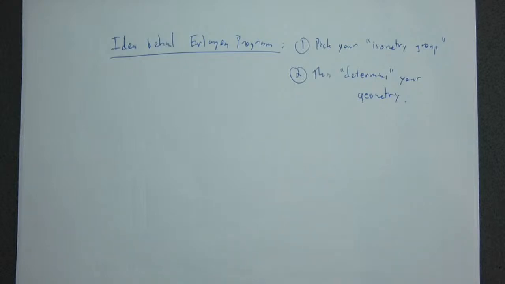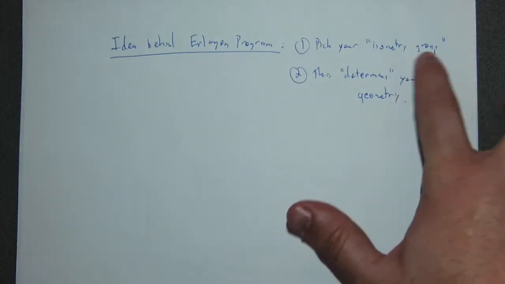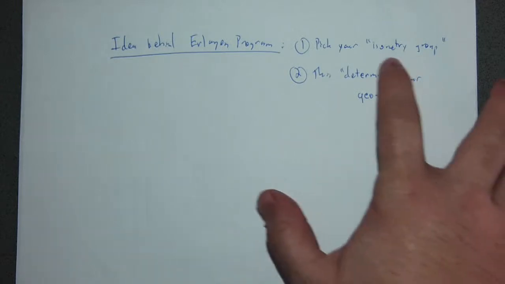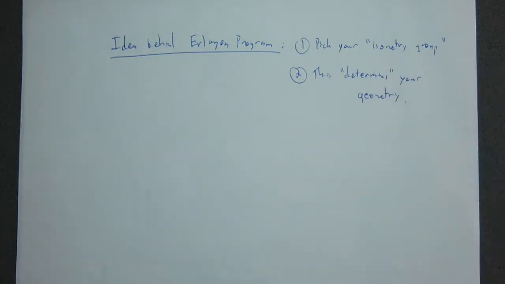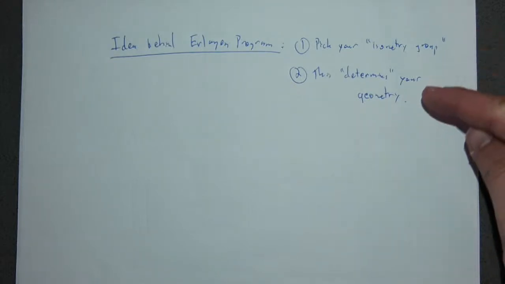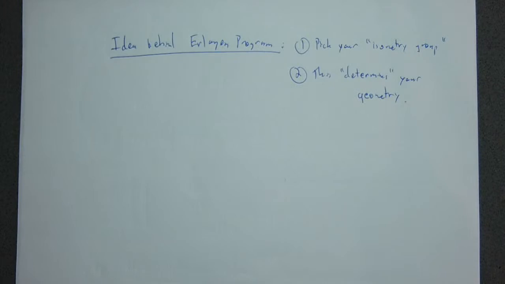So if you want to study Euclidean geometry in this way, the isometry group you pick would be the group of Euclidean isometries. We're going to talk about that specifically. But if you pick a different group of transformations as your isometry group, this can lead to different types of geometry.